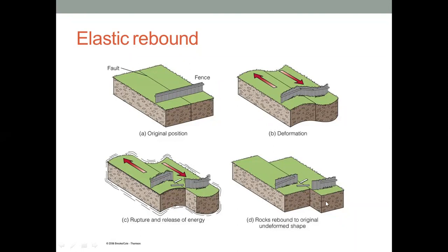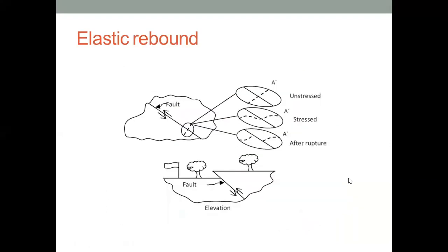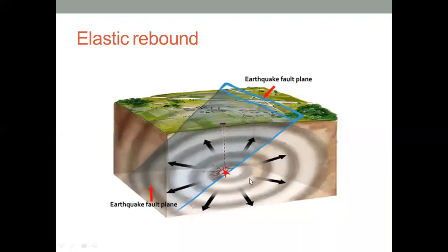This sudden release will cause the vibration of the plates or the ground, which is called the earthquake. In this figure you can also see the sudden release of energy happening inside the earth.